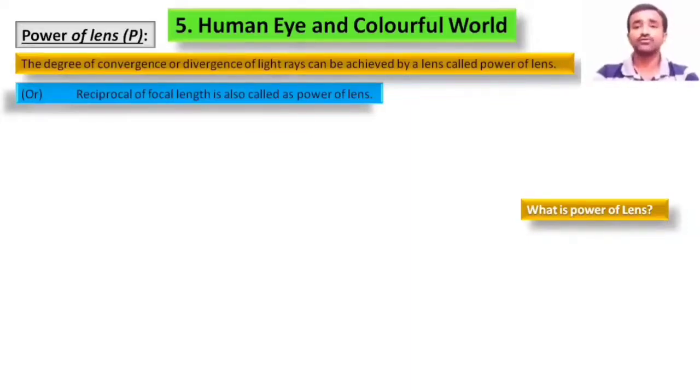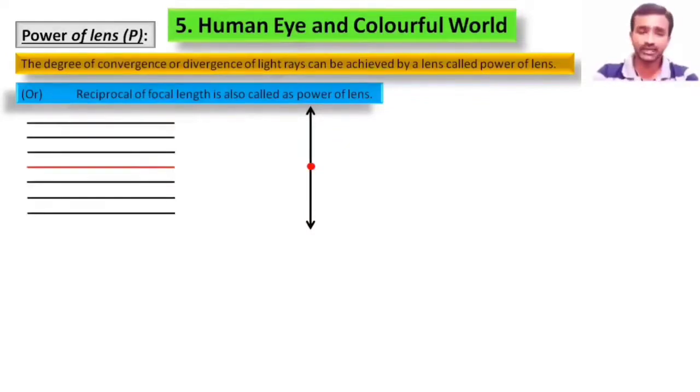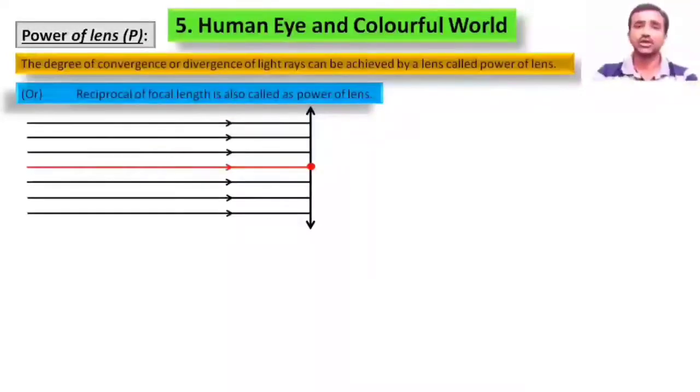So how will it be achieved? Look at this convex lens I'm drawing on the screen. What happens if a parallel beam of light rays is incident on a double convex lens? After refraction, they are going to be converged at a common point. The light ray which is passing through the optic center of the lens goes straight without any deviation.